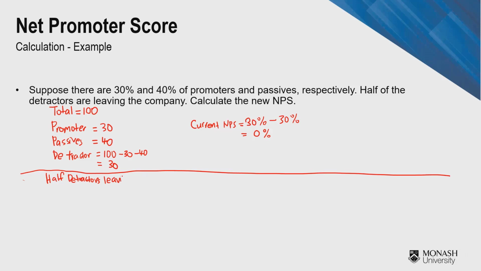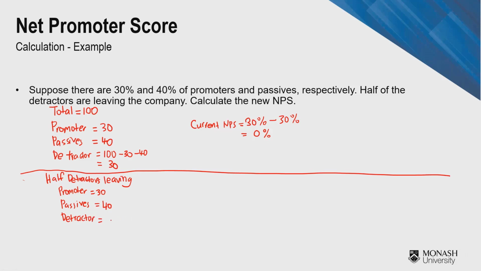Now, detractors are 30%, and when your detractors are leaving, your promoters will still be 30, your passive will still be 40, and now what's next is the percentage of detractors.